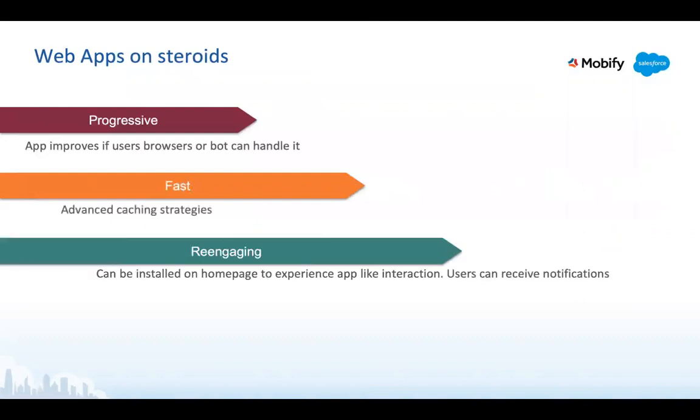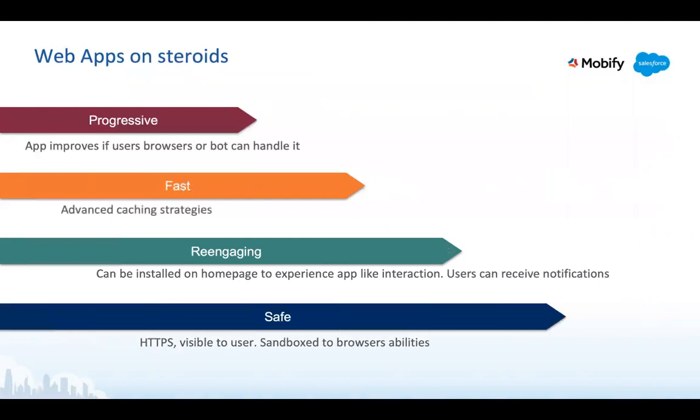It is re-engaging because you can install it on your homepage to experience it like a full-on native app, with elements such as notifications that usually are in the domain of just native apps. And finally, it's safe in that it uses secure sites only, which is visible to the user, and it's generally sandboxed to use the same protection that we already have on the web, based on browsers trying to act in the best interest of their users, in this case, shoppers.